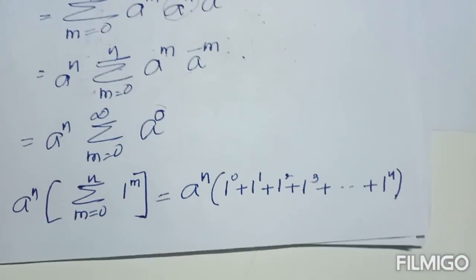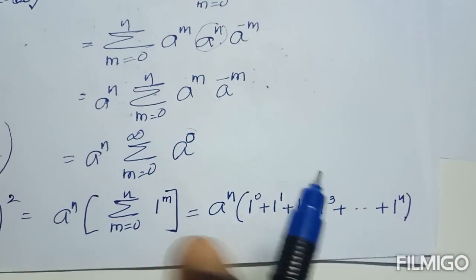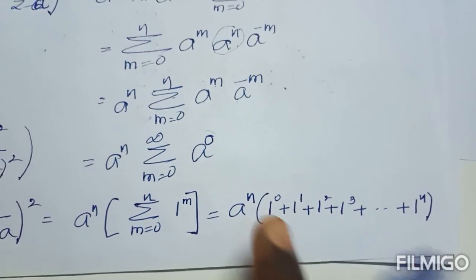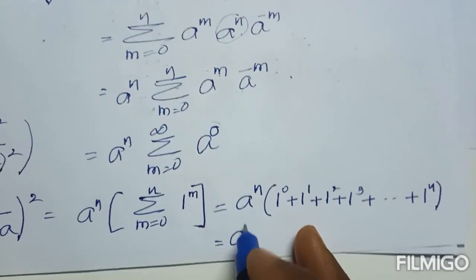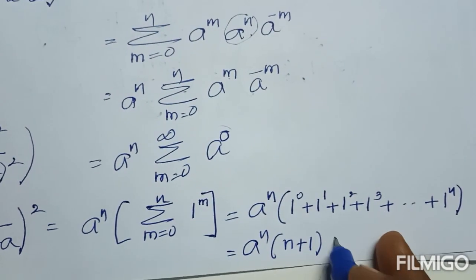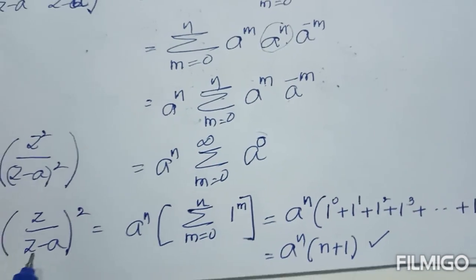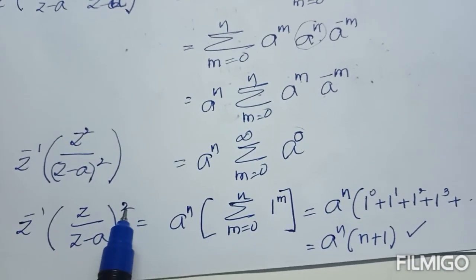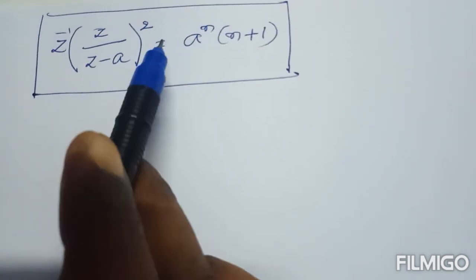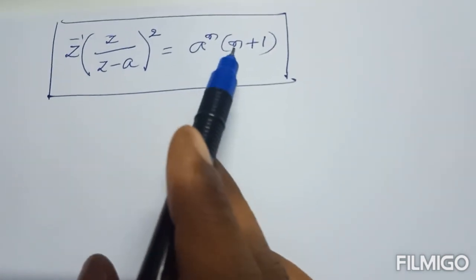How many ones are here? This is 1. From this, n ones. N ones including this one is n plus 1. So the total number of ones is n plus 1. So this is the result of Z inverse of z by z minus a whole square: a power n into n plus 1.